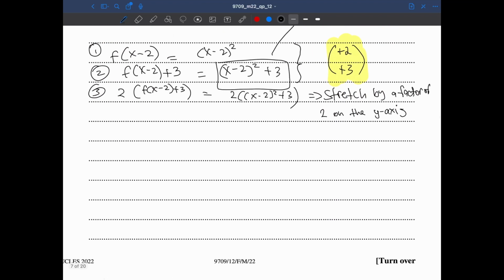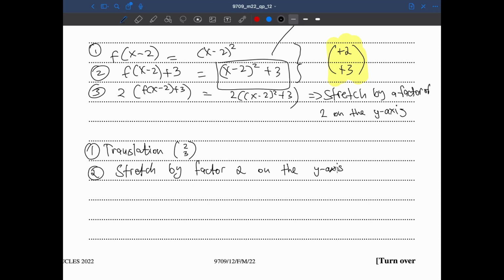So our full set of transformations is translation (2, 3), and then stretch by factor 2 on the y-axis. So that is our answer. And let me just check if that's indeed the correct answer. And yep, that is indeed the correct answer.